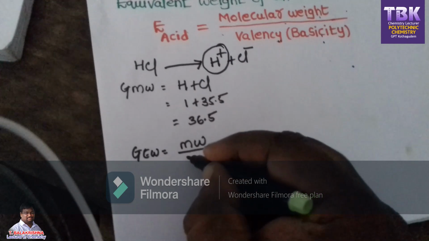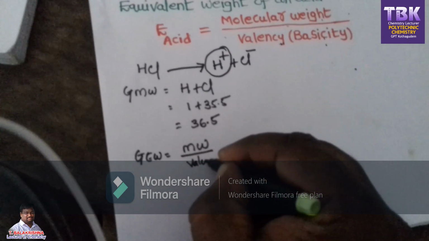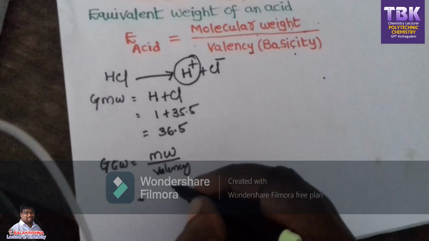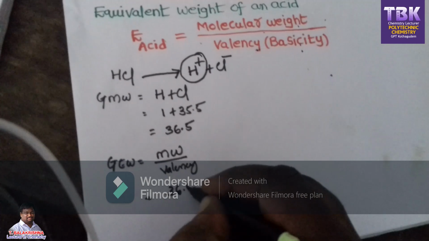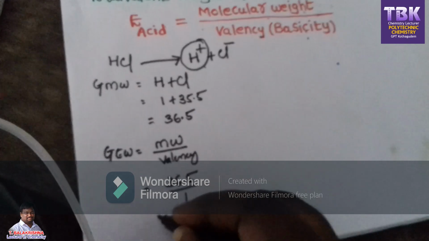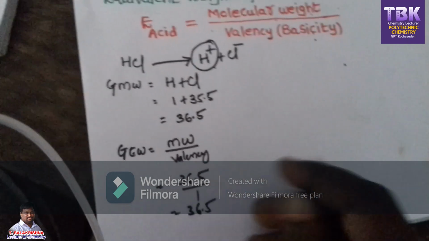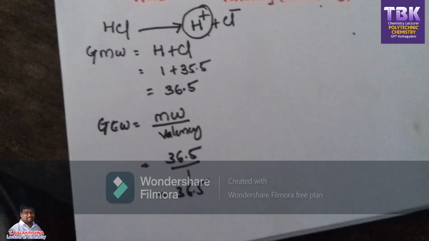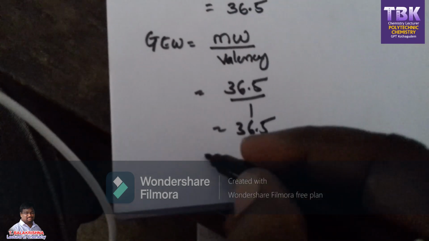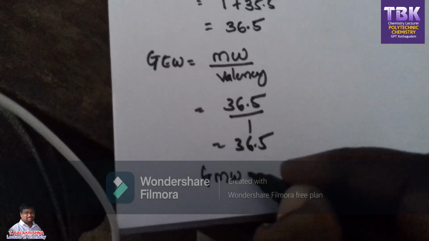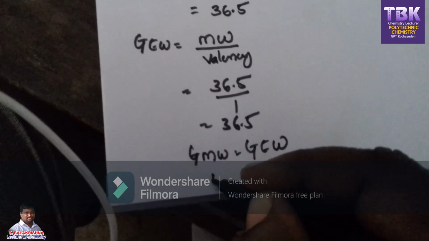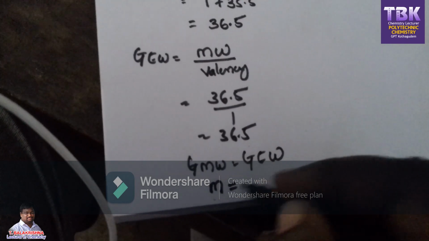So molecular weight 36.5 by replaceable hydrogens 1 is 36.5. Is it clear? So in this case, the gram molecular weight is equal to the gram equivalent weight, GMW equals GEW. So in this case if you find the molarity, it is equal to the normality.